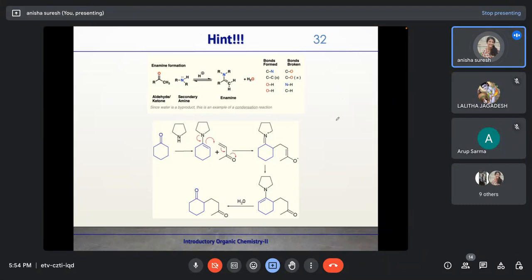So we will see the enamine formation reaction. We will have an aldehyde or a ketone. It will react with a secondary amine to give rise to this enamine. The mechanism is clear: it will add on here, OH will form, and again it will add, forming R double bond NRR plus CH3.